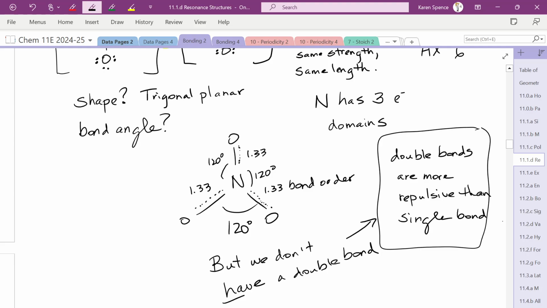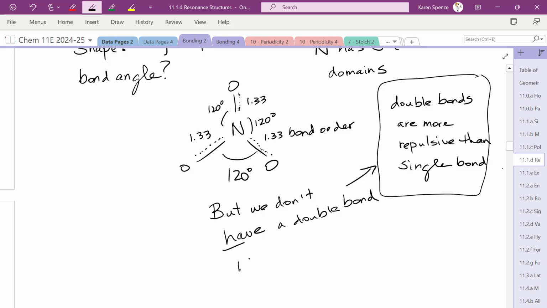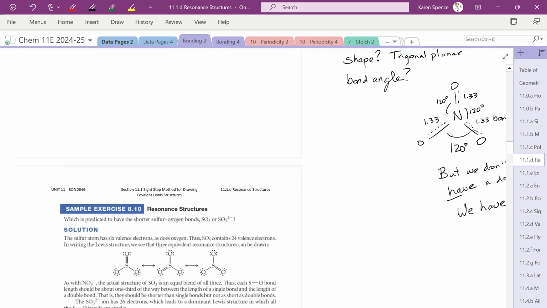We have 3 equivalent 1 1/3 bonds. Yep. So it's just 120.